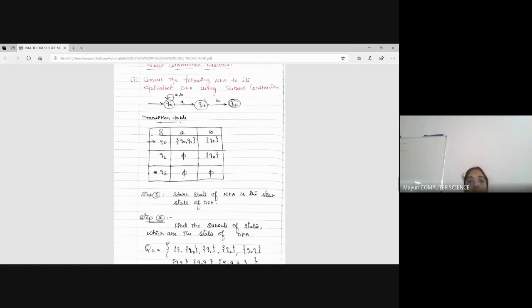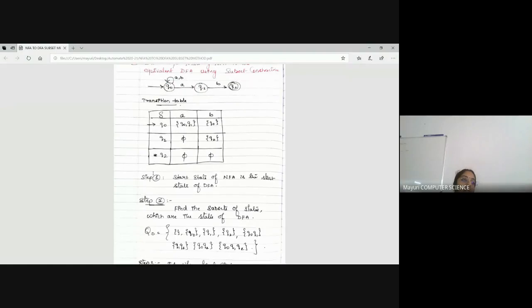For Q1, you see on A, there is no transition. For Q1 on A, there is no transition. So I have written the null set. So I think there is no doubt in the transition table in NFA, right? No, ma'am. Fine. So what is my first step? According to the NFA, Q0 is the start state.